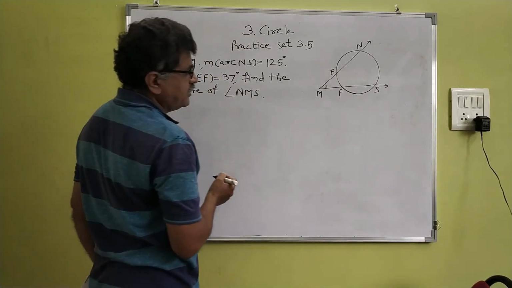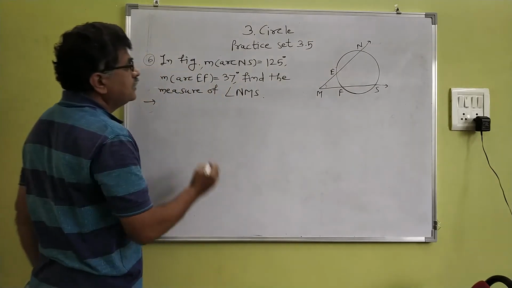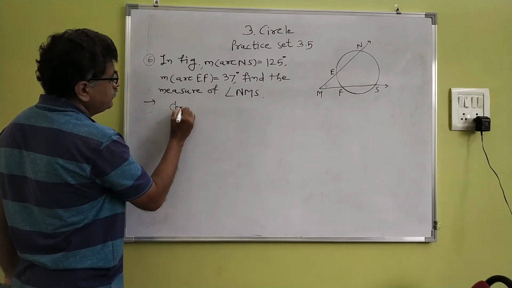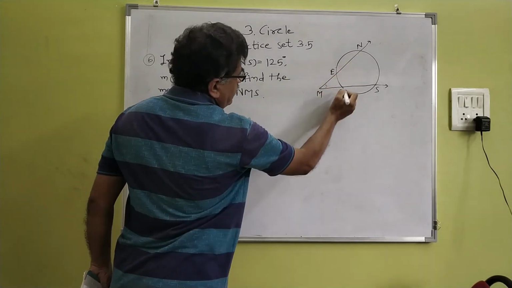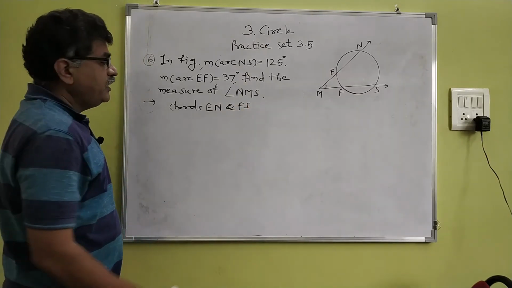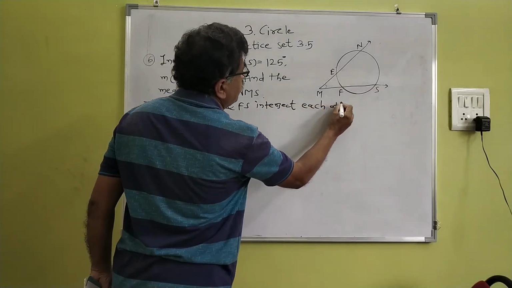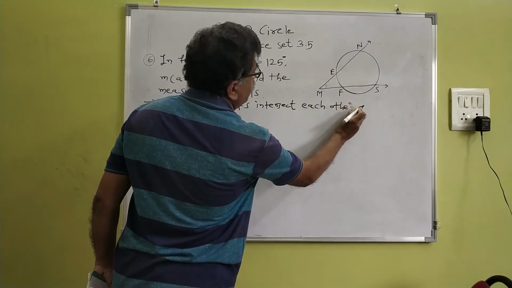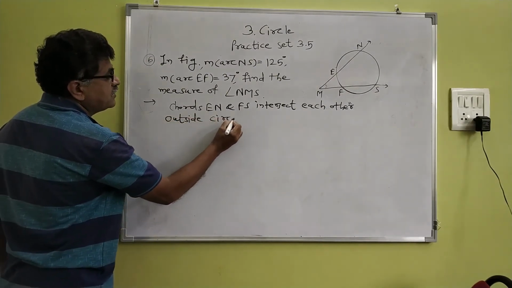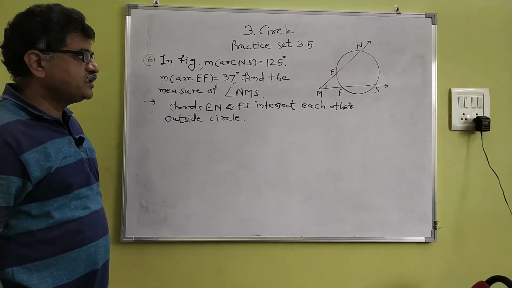Now write down the given: chords EN and FS intersect each other outside the circle.